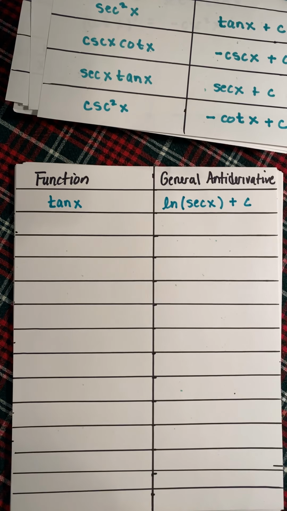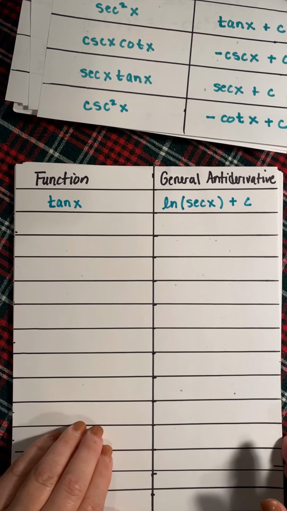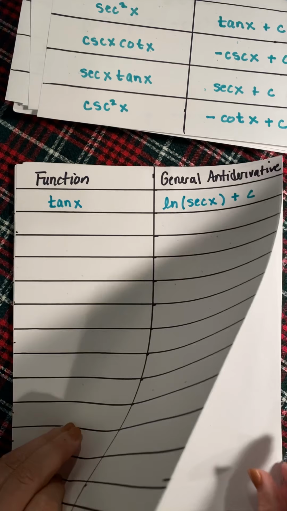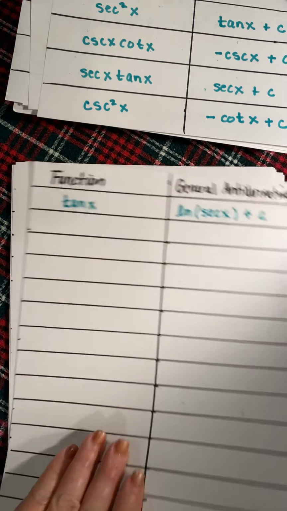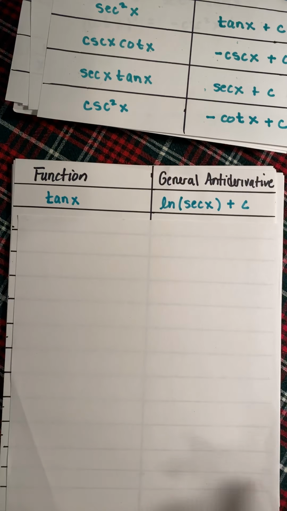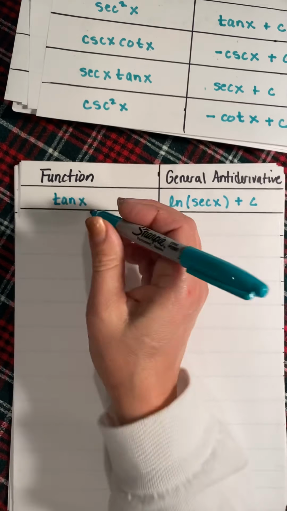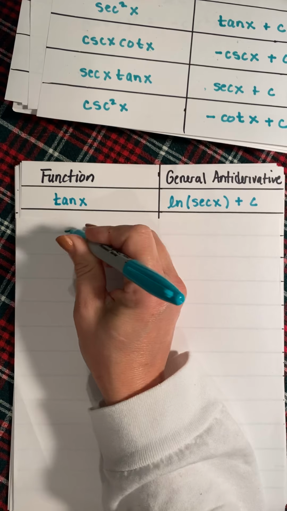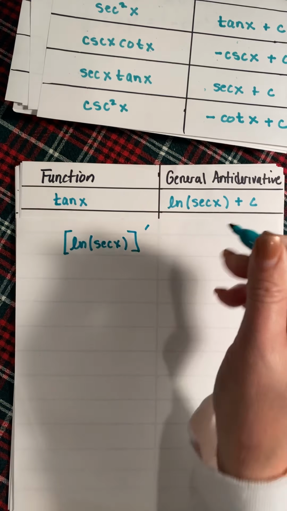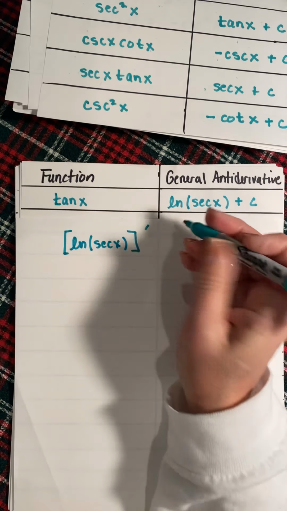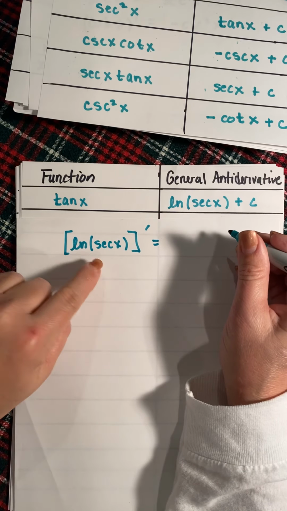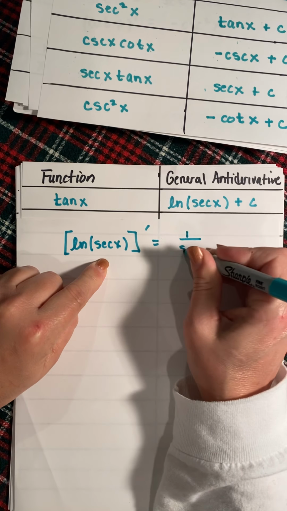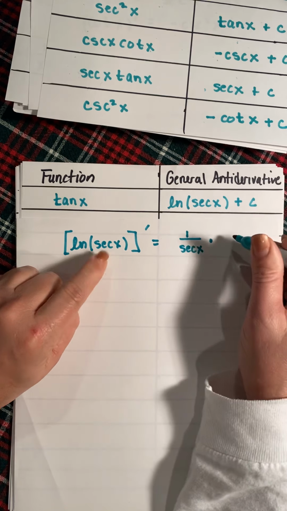I wouldn't expect you to see that, obviously, but it is pretty cool. I can show you, because to check an antiderivative, we just take the derivative. So if you're good with your derivatives, then finding antiderivatives isn't all that hard. So the derivative of the natural log of the secant, we're hoping, gives us the tangent. Well, the derivative of the natural log of anything is 1 over that anything times the derivative of that anything.